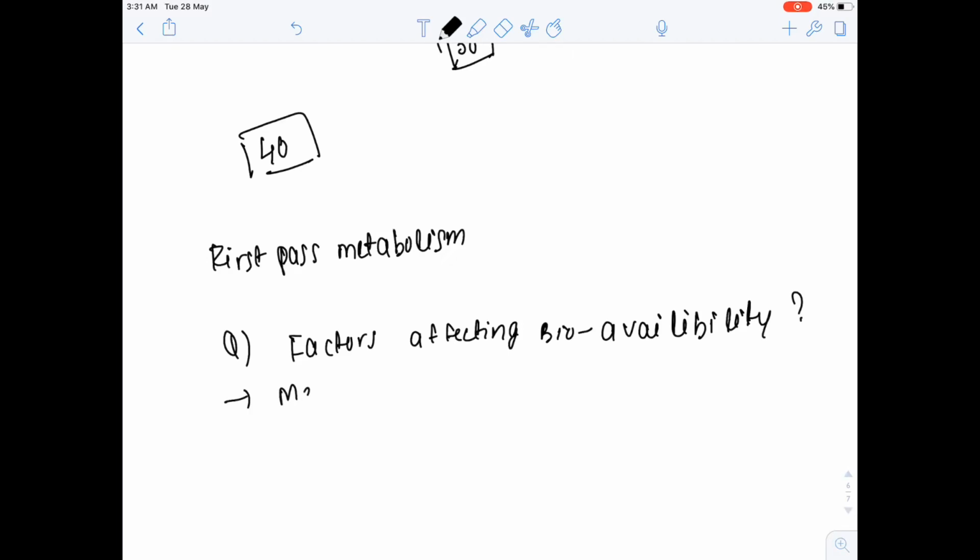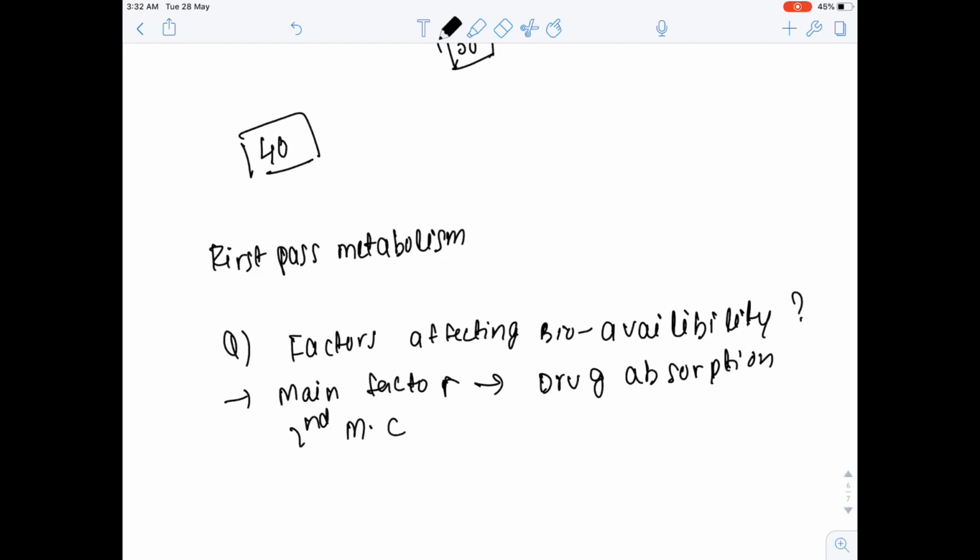The main factor is not the first pass metabolism, it is drug absorption. The second most common factor is first pass metabolism.